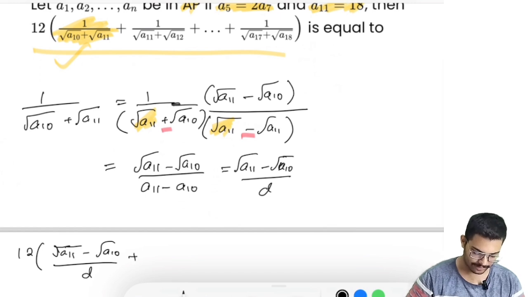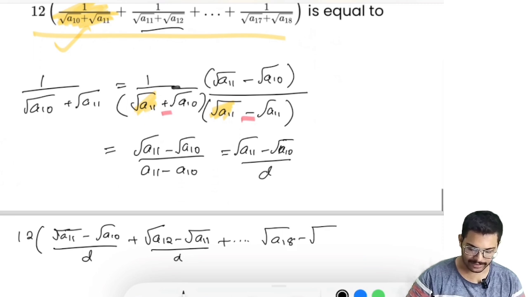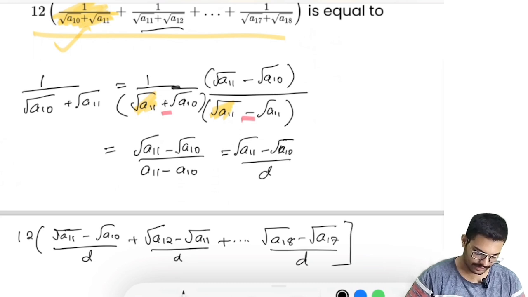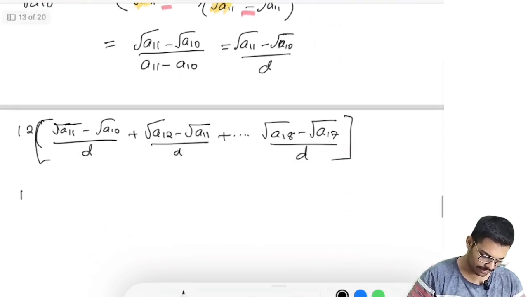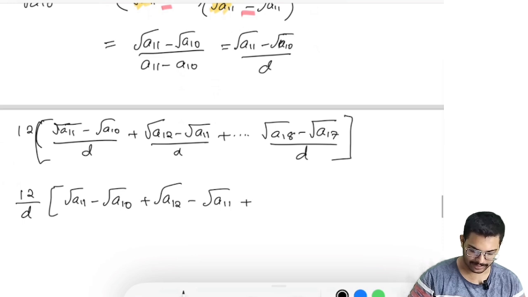Similarly, all other values: root of a12 minus root of a11 divided by the common difference d, plus etc., plus root of a18 minus root of a17 divided by the common difference d. Now you can take the d value common. 12 divided by d into root of a11 minus root of a10 plus root of a12 minus root of a11, etc., plus root of a18 minus root of a17.